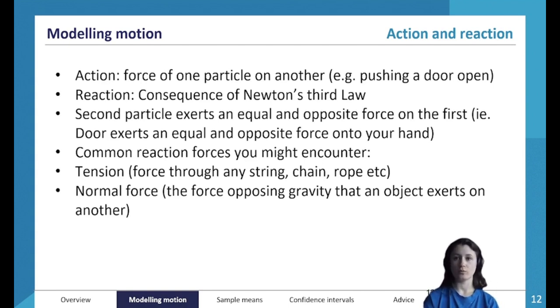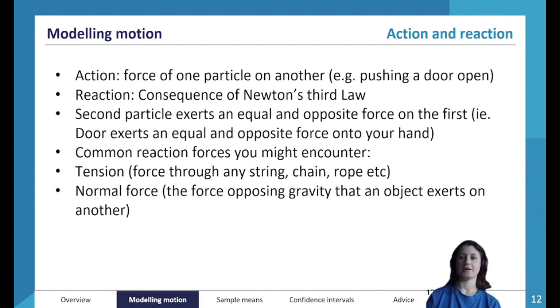Next, the normal force. The normal force opposes gravity that an object exerts on another, alright? A really common example is a box sitting on a table. Gravity is pulling the box down, but the normal force exerted by the table pushes the box up.